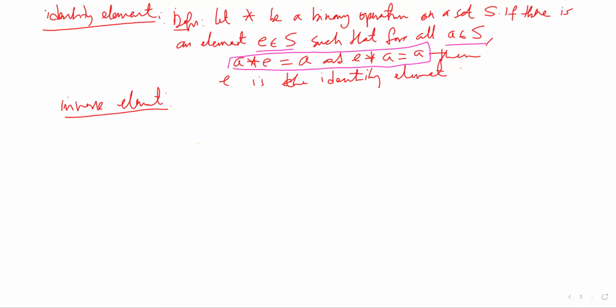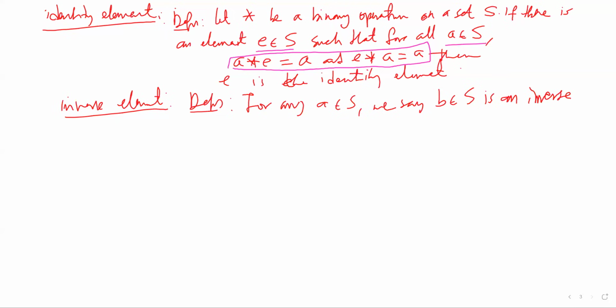So for an inverse element definition, if you take any element A in the set S, we say B in the set S is an inverse of A if A operates B to give us E and B operates A to give us E.